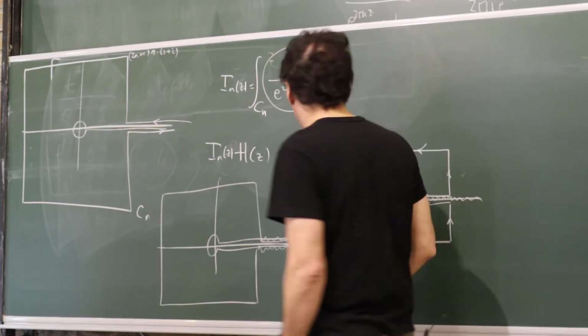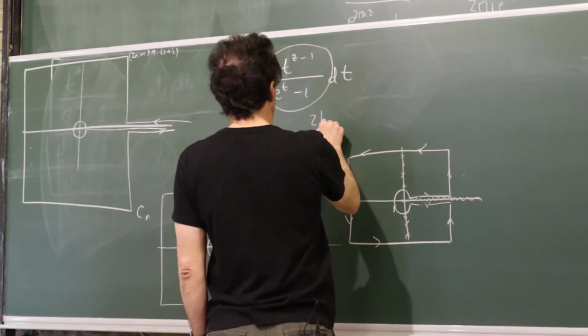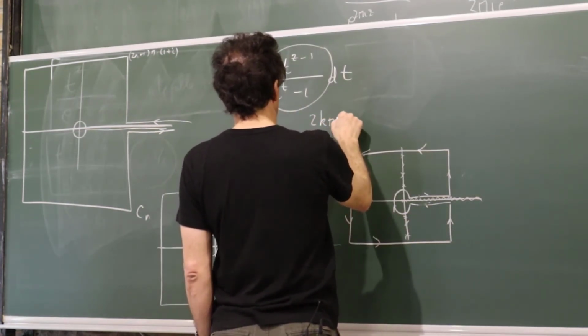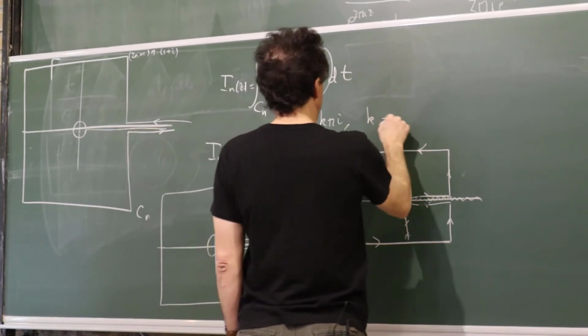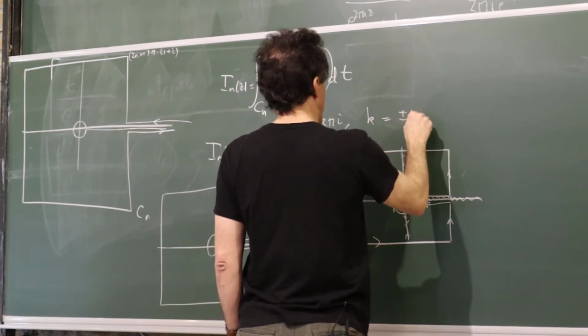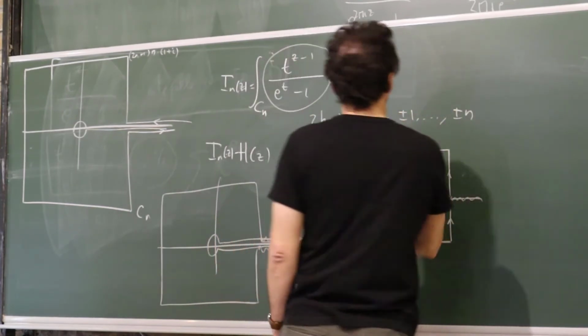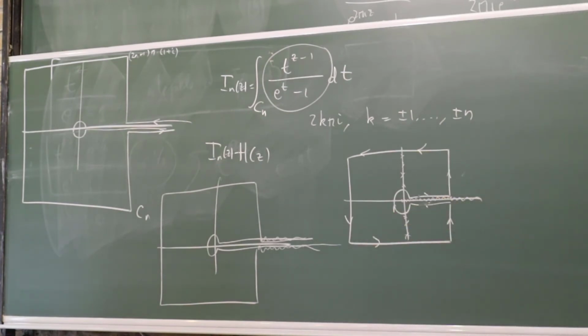So the poles must be at the points 2k pi i. Okay, so we need to compute the residues at those poles, and computing the residues at those poles is not complicated.